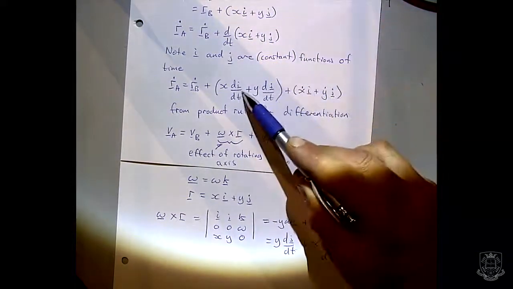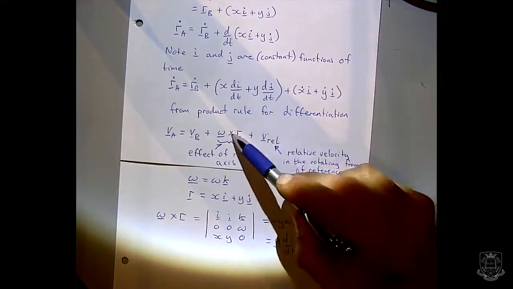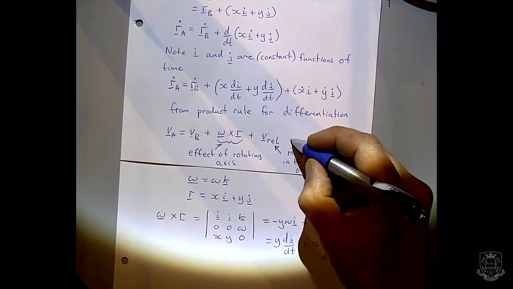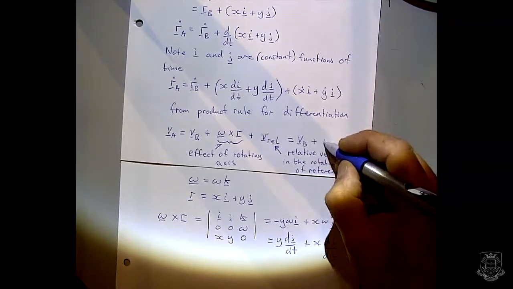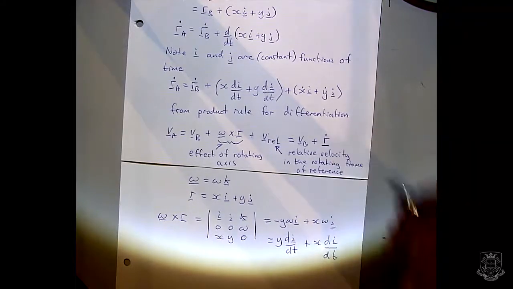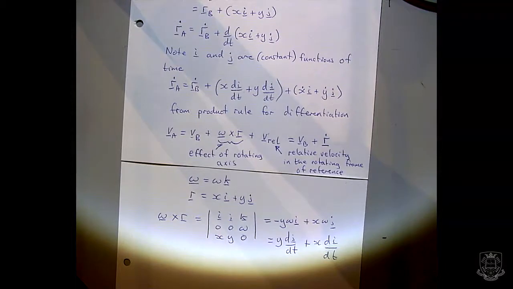Because when we did r dot, it was those two terms, so r dot is these two terms. So this is equivalent on the right hand side to VB plus r dot.